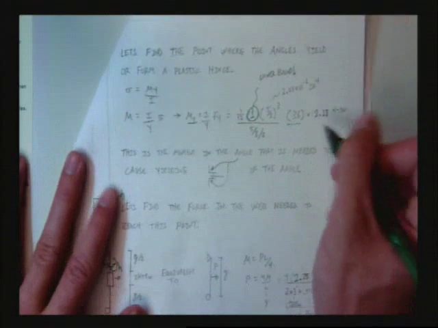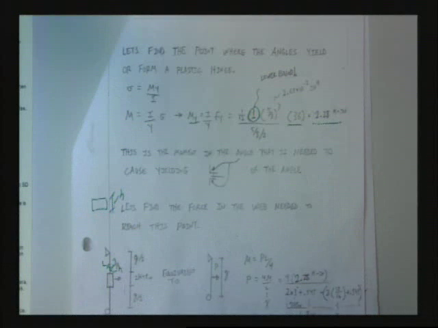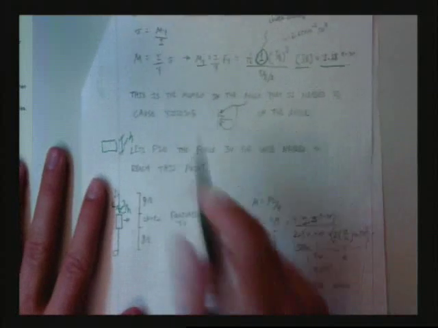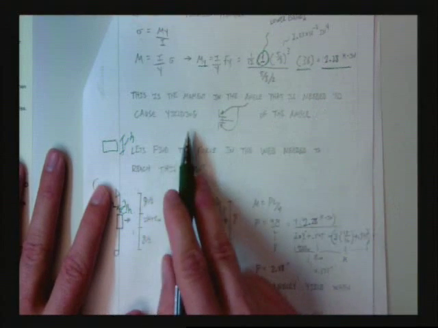And I solve, and I find out that that requires 2.28 kip-inches. Is that very much? Nobody knows. Okay, fine. So this is the moment in the angle that is needed to cause yielding.